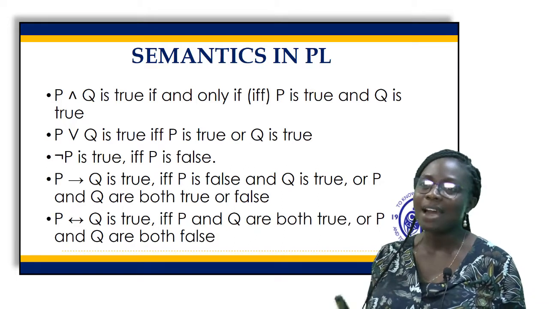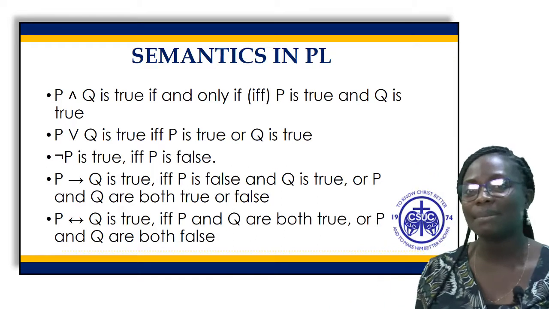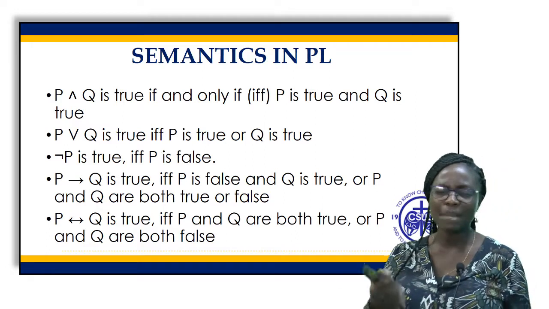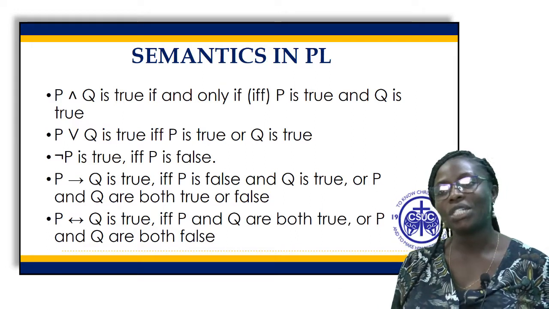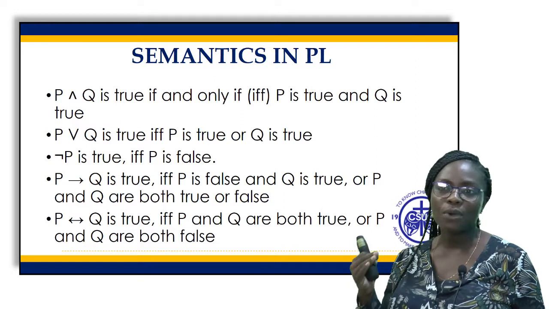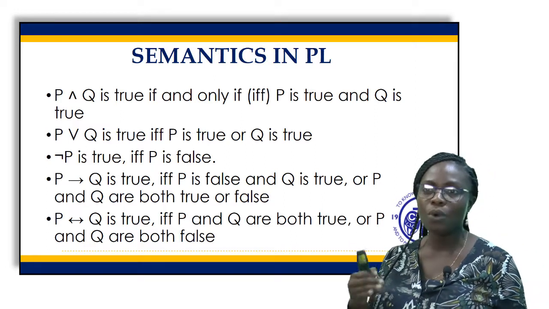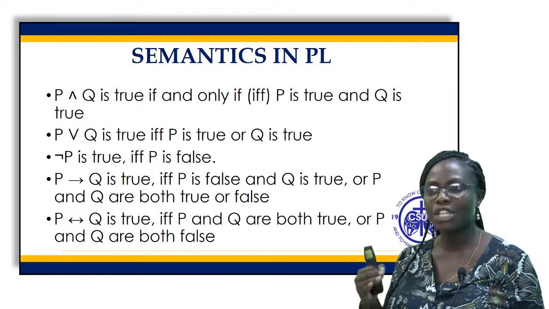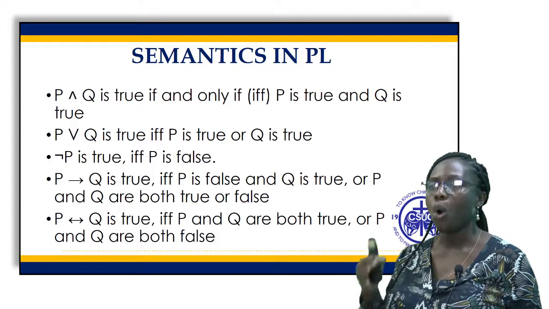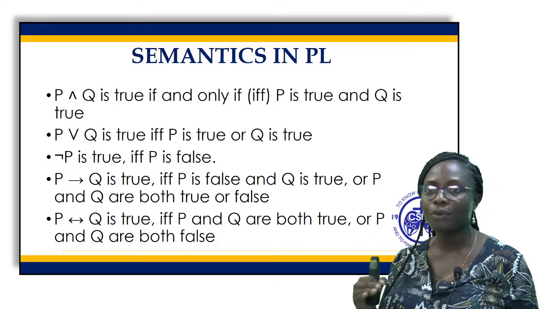Yes. Now we have the biconditional, or the bi-implication. If P biconditional Q is true, it will only be true if and only if P and Q are both true or P and Q are both false.